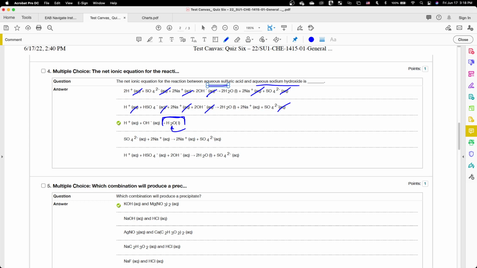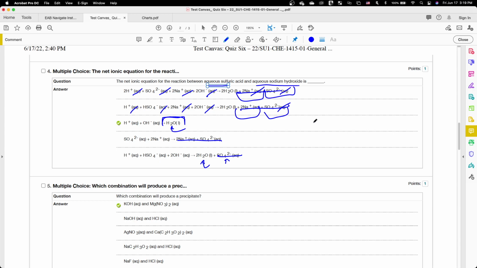For B we have aqueous sulfate, aqueous sodium. Over here we have aqueous sodium. So none of those are it because they all have aqueous in their products. Here we have aqueous for D in their products too. We do have a water here, but we still have an aqueous sulfate right there, so that can't be the answer. The only one that makes any sense is the water, because the water does not have an AQ.